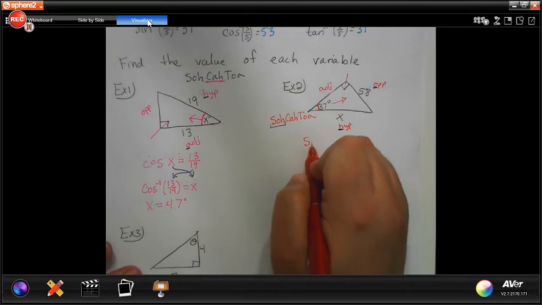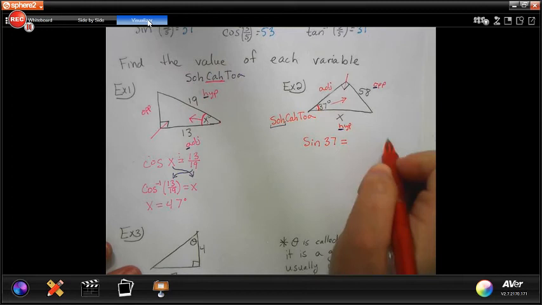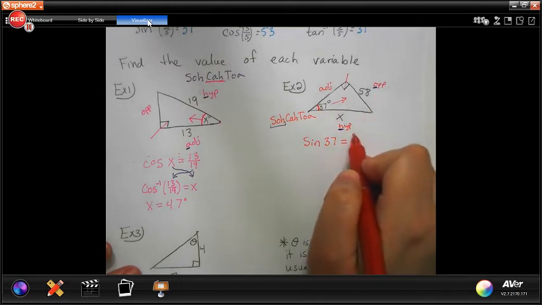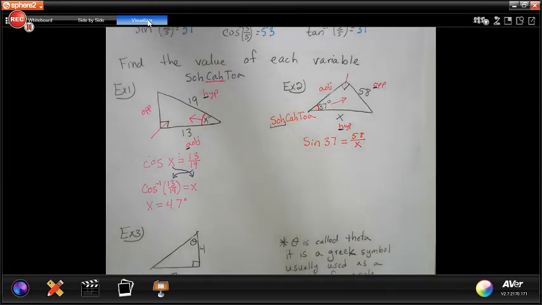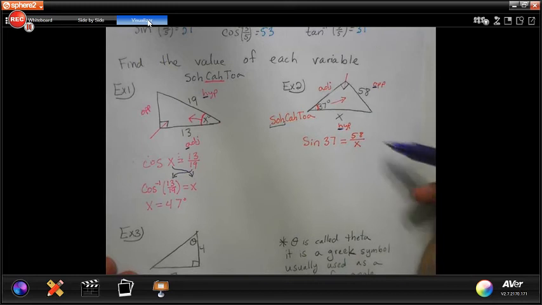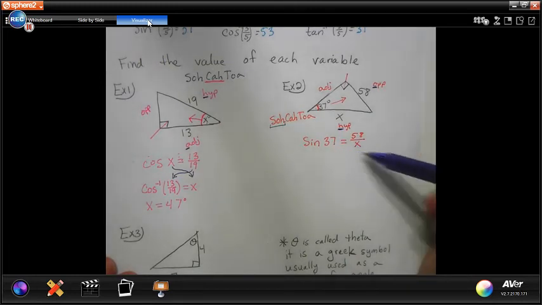Sine of the angle equals opposite over hypotenuse. If you notice, our variable is not in the degree spot, so we just solve this the same as we did in the SOHCAHTOA video. We don't need to do any inverse.